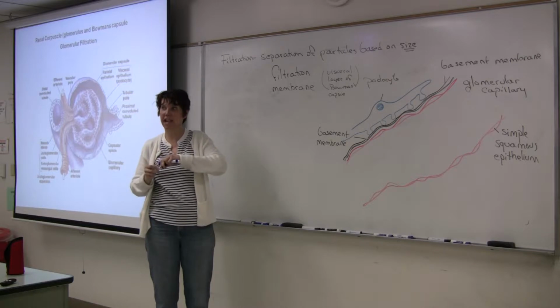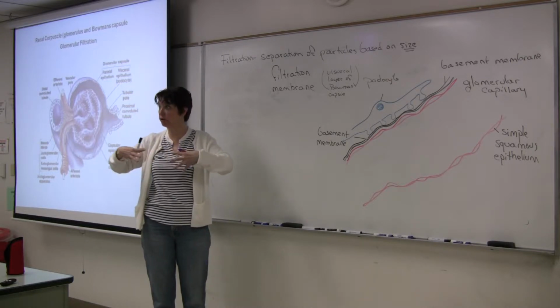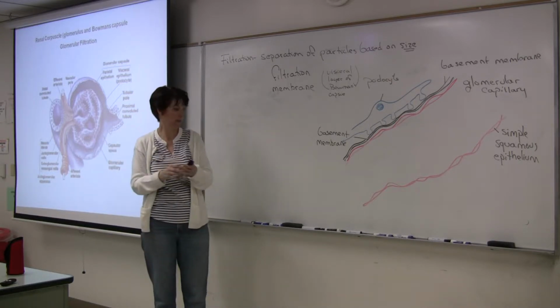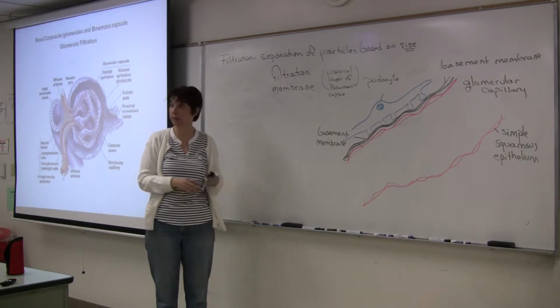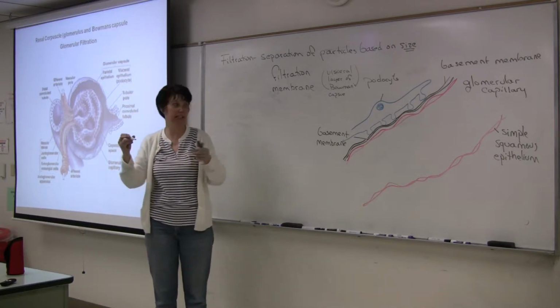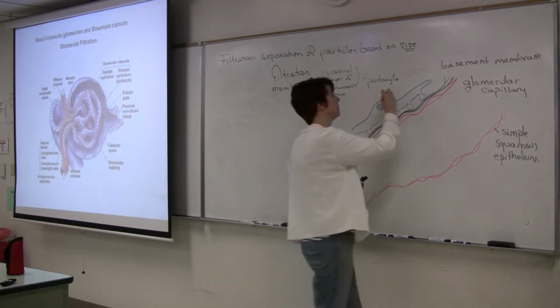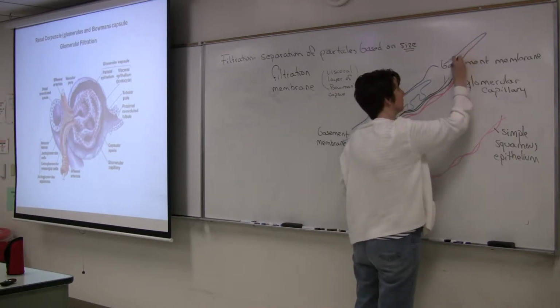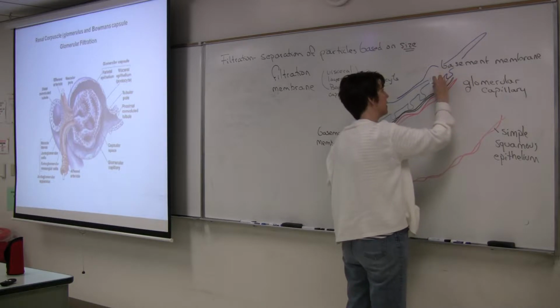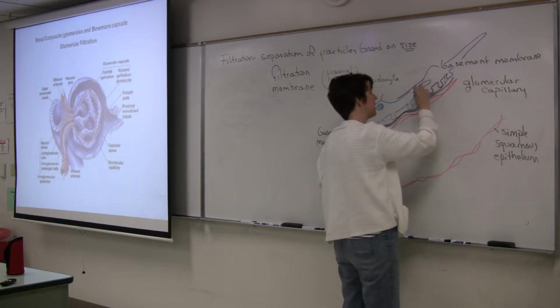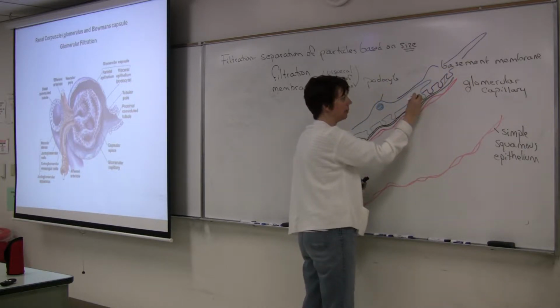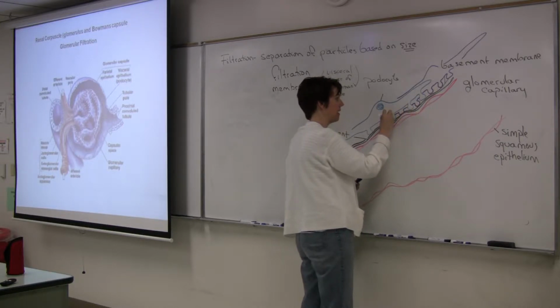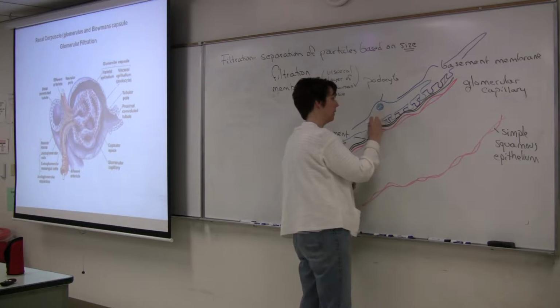Now we're not quite done yet because we have multiple podocytes. So I'm going to draw the next podocyte in purple just so that you can distinguish it a bit. And it also has these foot-like processes. And each foot-like process interdigitates with the pedicel of another cell.